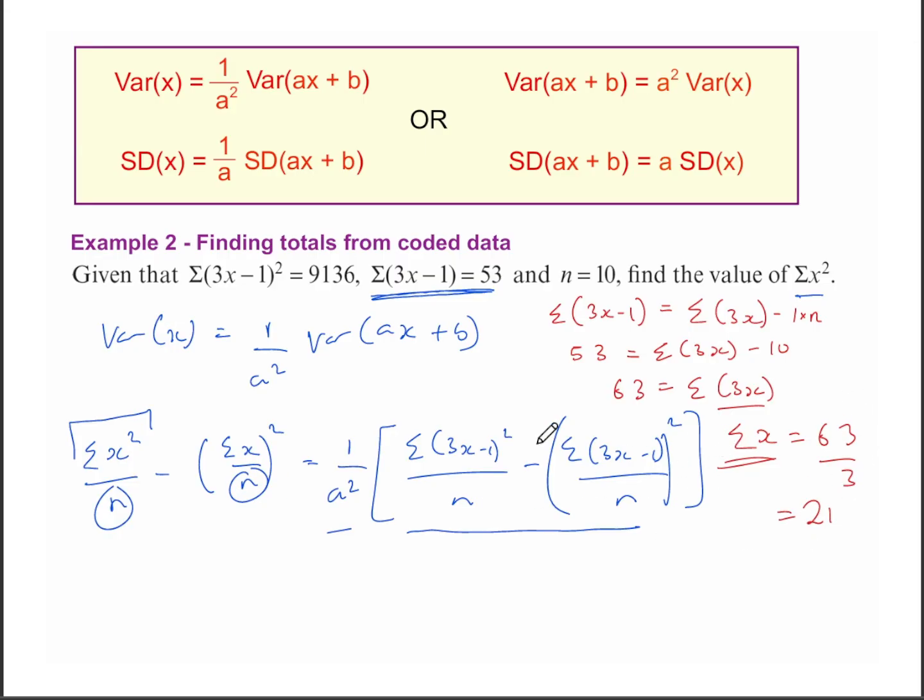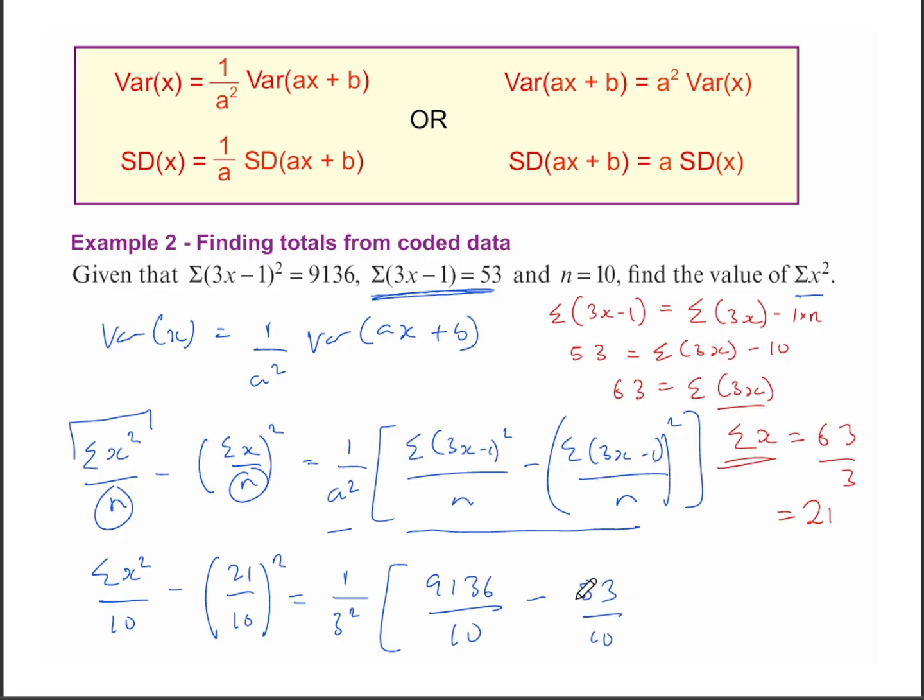Then, after all the information that we have, put it into this big formula, and we get that the sum of x squared over 10 minus the sum of x, which is 21/10, squared, is equal to 1/a squared, a being the constant that's multiplied to x in the coded data, which is 3. So 1/3 squared times the sum of (3x minus 1) squared, which is 9136/10, n being 10, minus the sum of 3x minus 1, which is 53/10, squared.